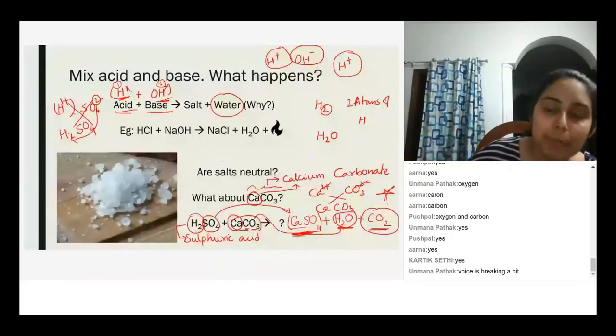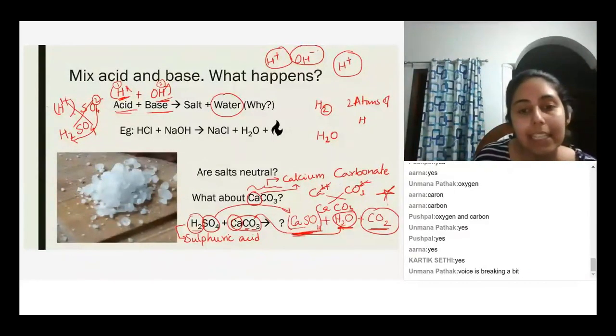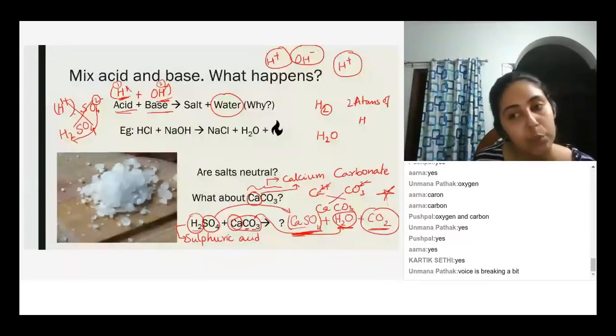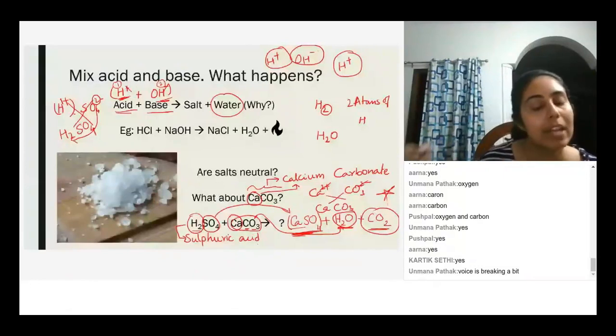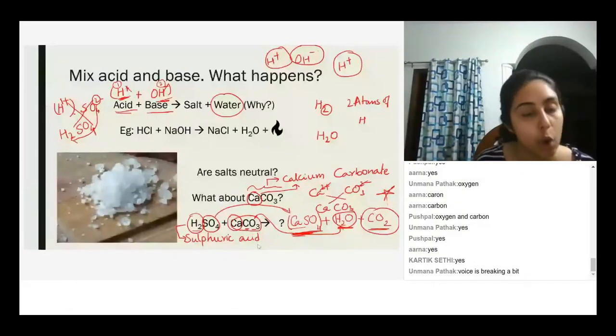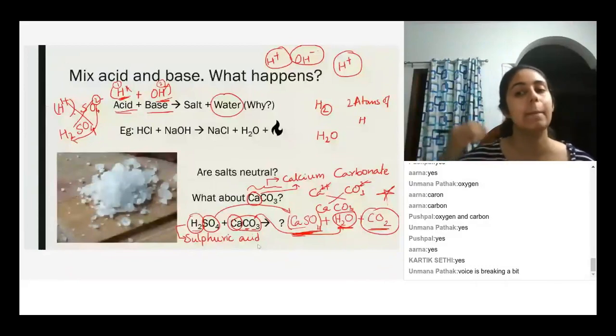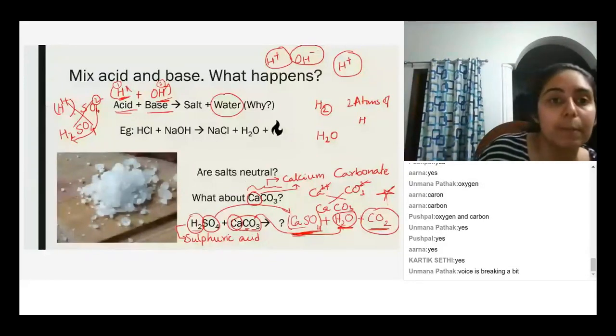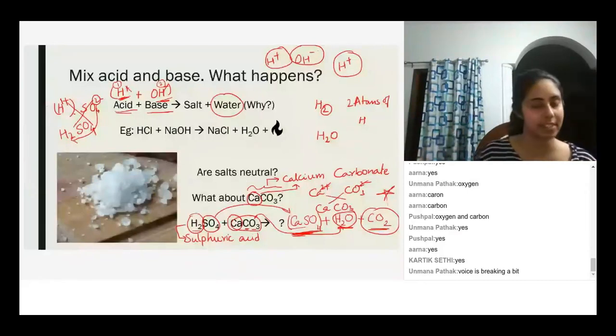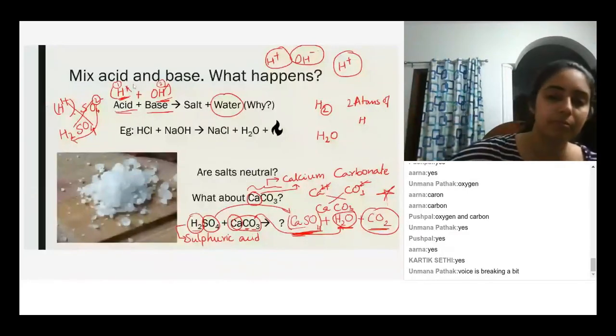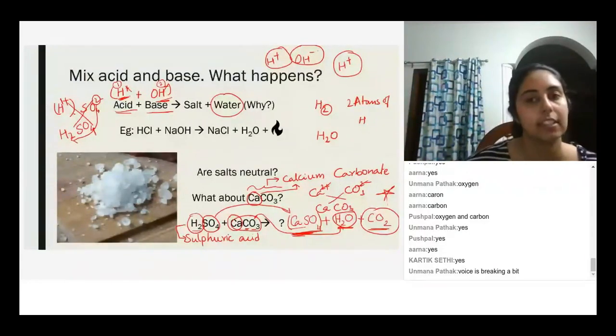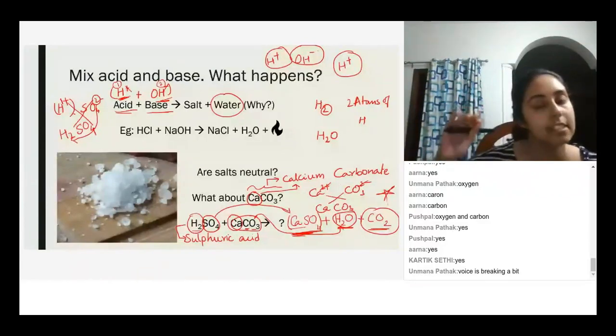So the 2 H reacts with this oxygen to form water, and then the remaining oxygen ends up forming carbon dioxide. Whenever an acid and a base or a basic salt react, they always end up giving water because of the presence of H plus and OH minus ions. Does that make sense? Formation of hydrogen peroxide is a different kind of process. That does not take place in this kind of formation.